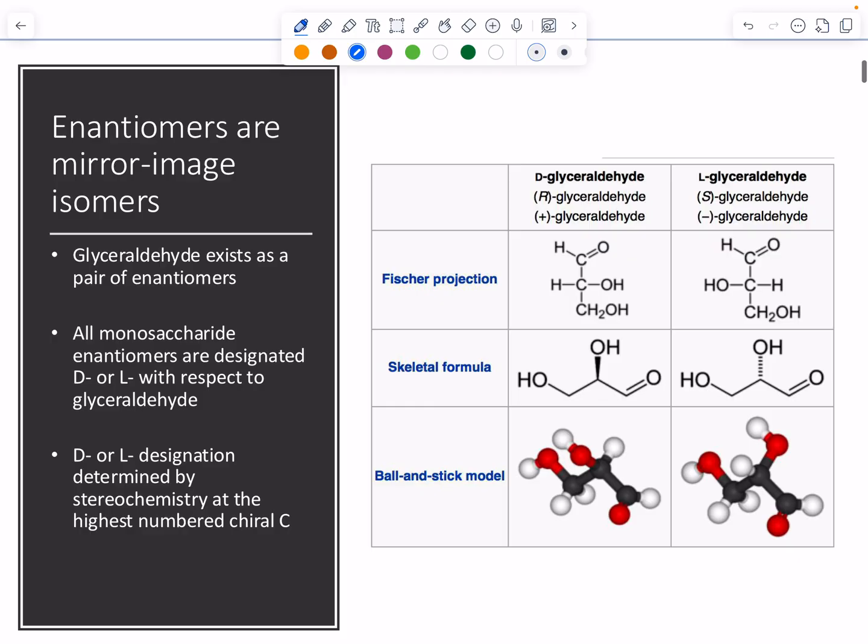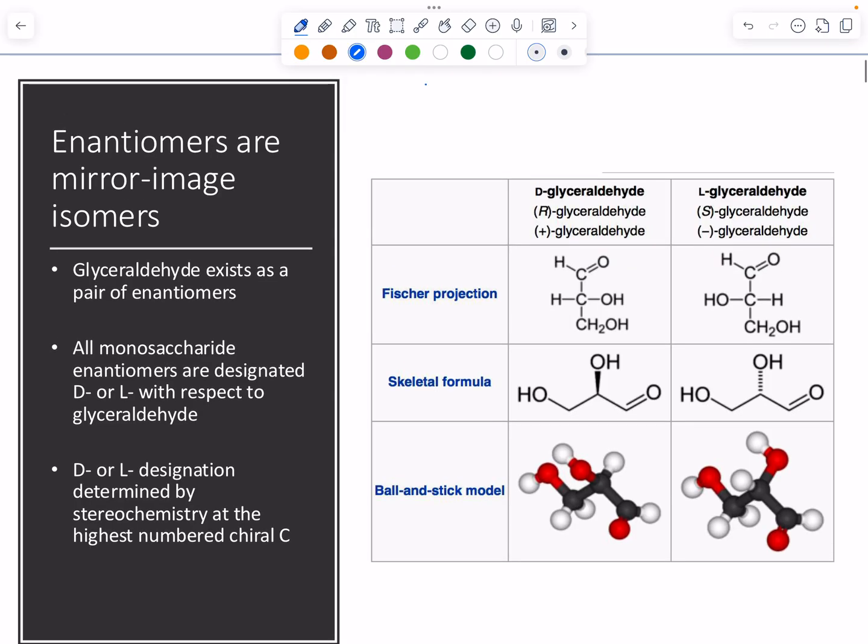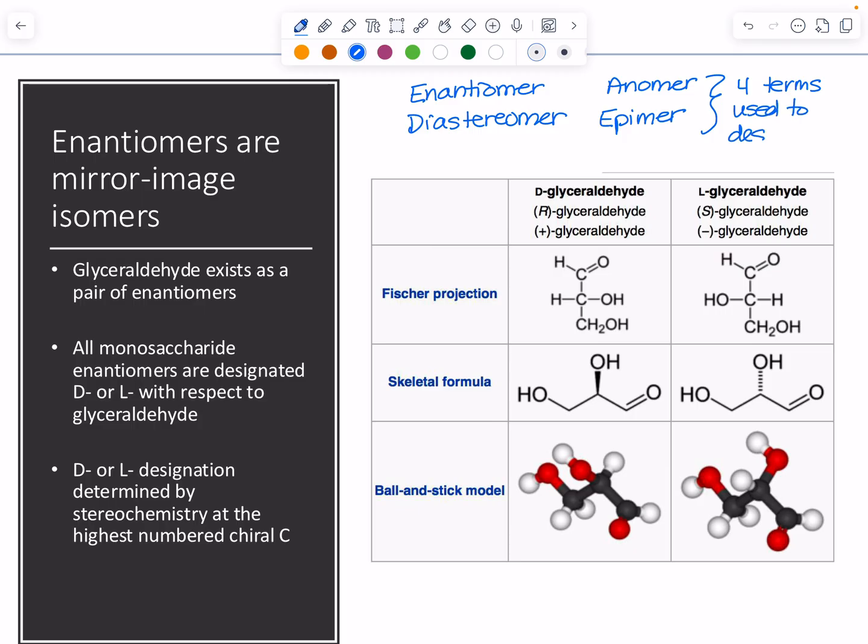To give you a preview of some of the terms we're going to use: enantiomer, diastereomer, anomer, and epimer. Those are our 4 terms used to describe stereochemistry.